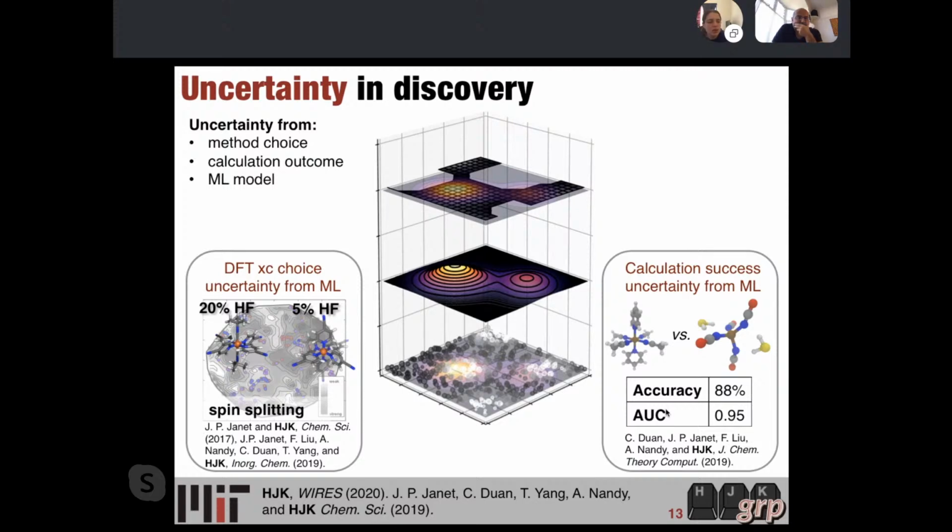And I say no calculation at all because in practice, my group is actually pretty cool. We have a database of every calculation we've ever run. So if we've tried that calculation and it failed, we have that information. So in our case, we were already sitting on, though we generated a fresh data set for this paper, a few thousand successful and failed calculations, you can train a model to make predictions without carrying out new calculations, will it succeed or fail? But that model leveled out at around 90% accuracy.